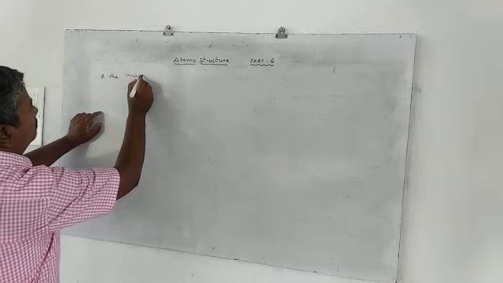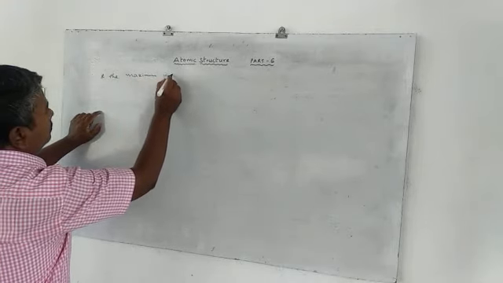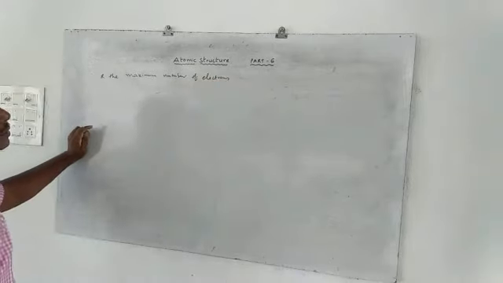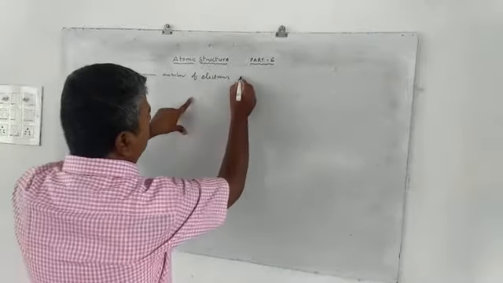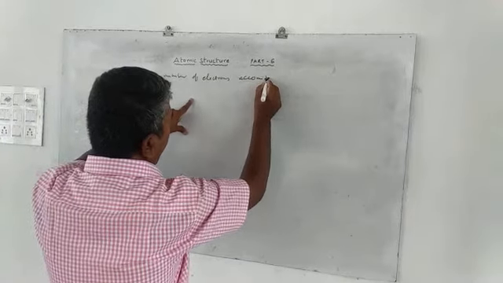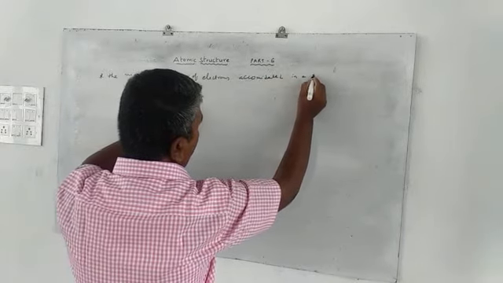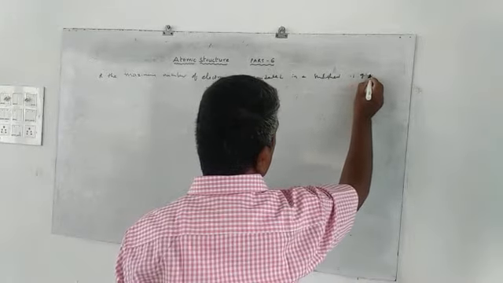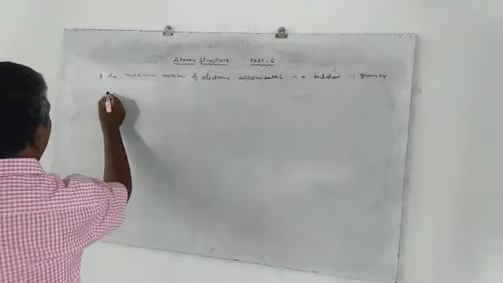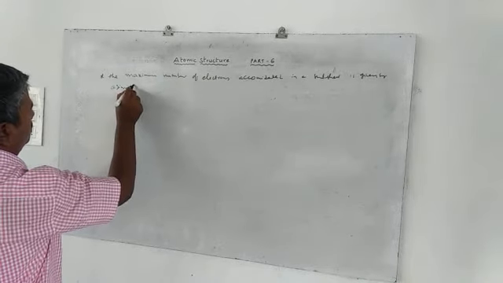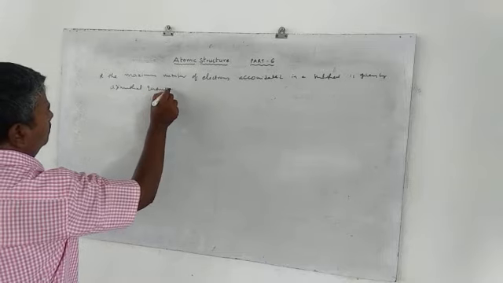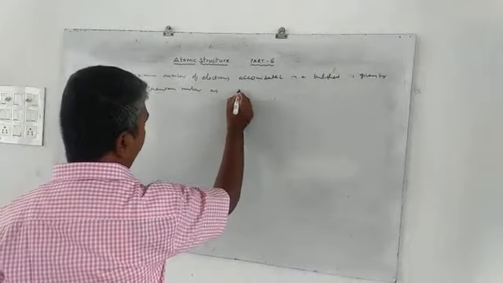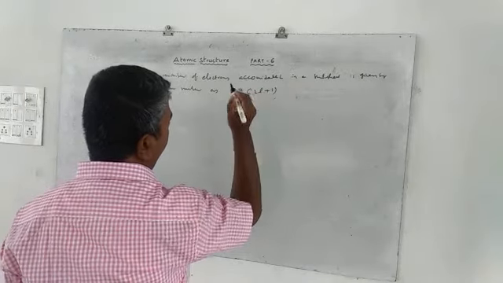The maximum number of electrons accommodated in a subshell is given by the azimuthal quantum number as 2 into 2L plus 1.